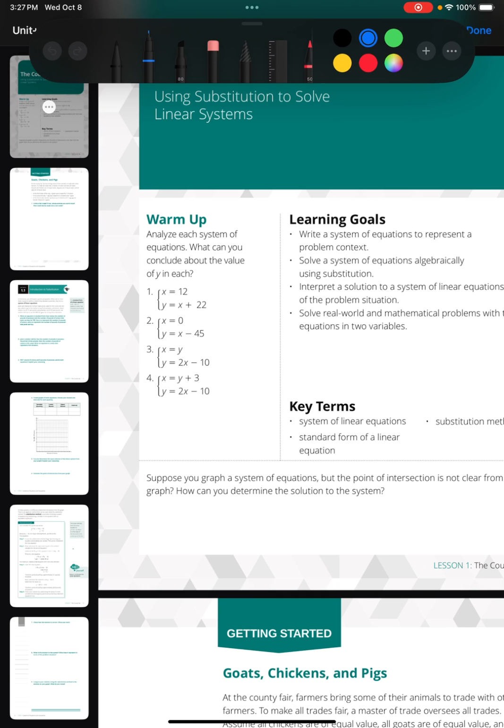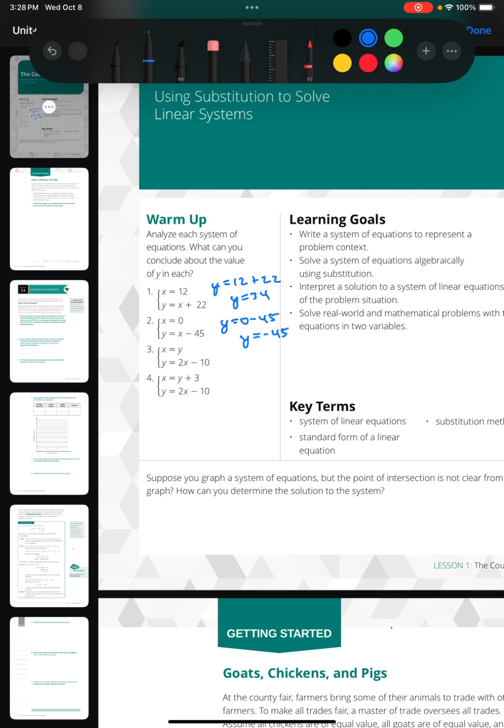So number one, if you substituted in 12 for x, we'd have y equals 12 plus 22, and we'd get y equals 34. For number two, if x was 0, y equals 0 minus 45, so y would be negative 45. For 3, it says x equals y.